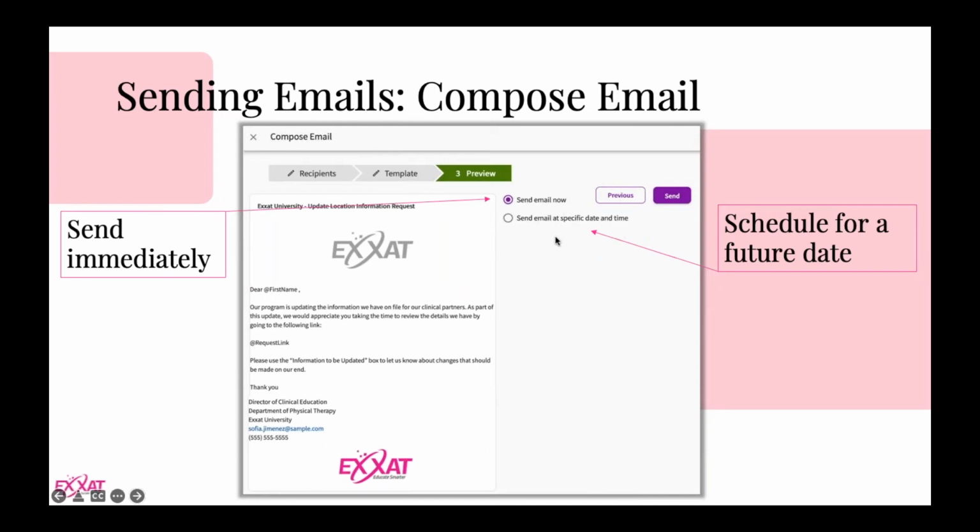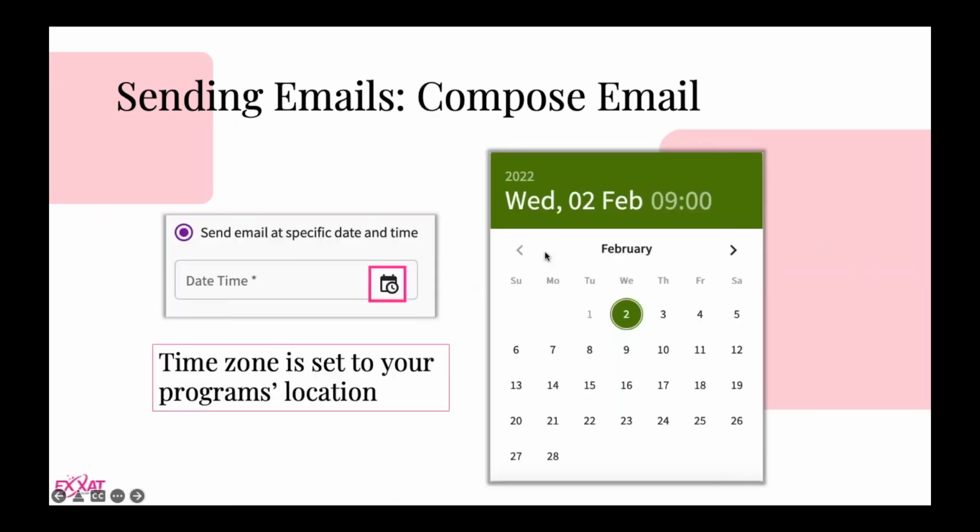And then the other thing you could do is send the email at a specific date and time, so you would be able to schedule that for a future date. Once you click on this option, it's going to give you the ability to select the date and time. And the time zone is going to be set to your program's location. So just so you know, that's the time zone that it's going off of.